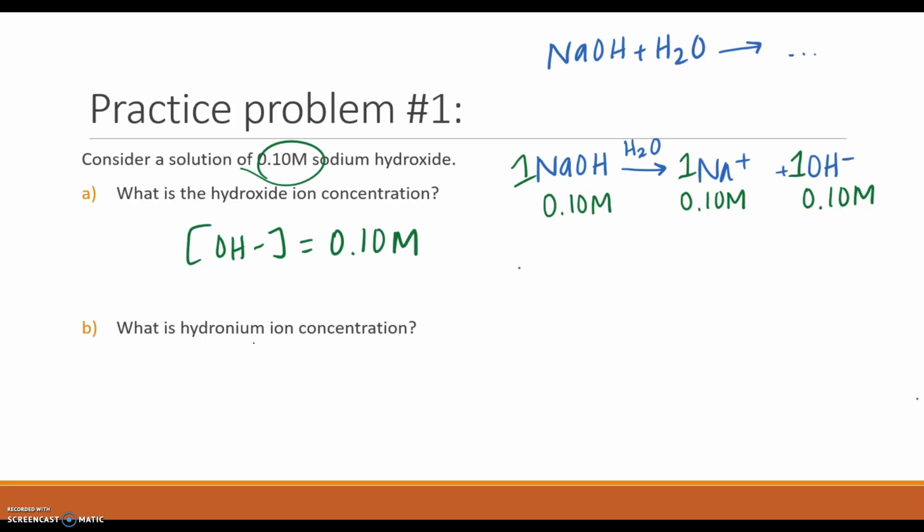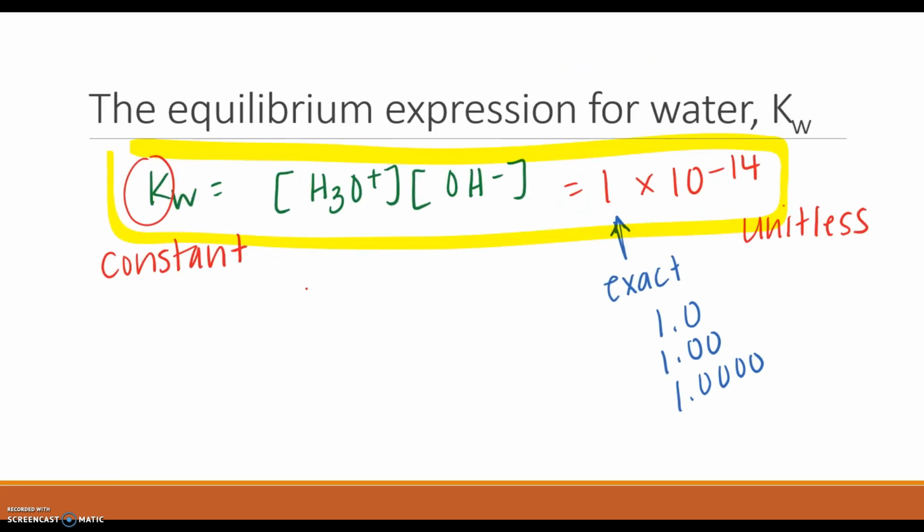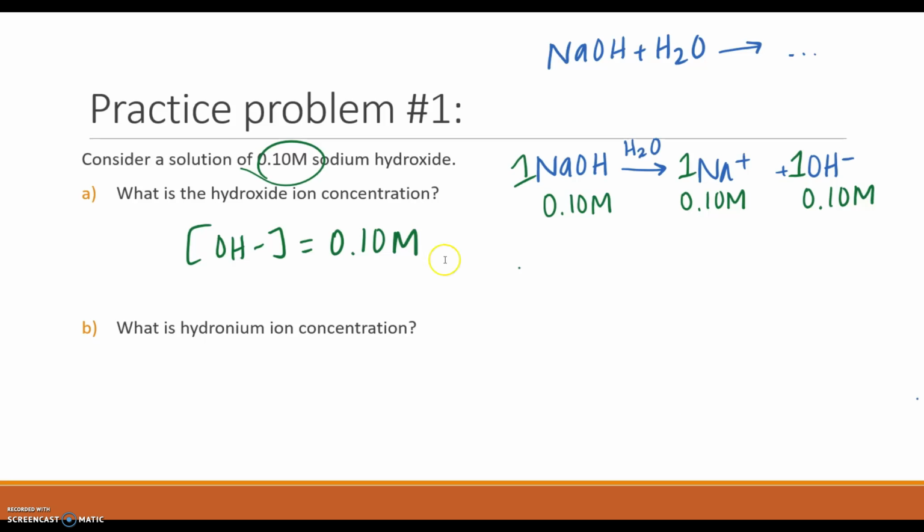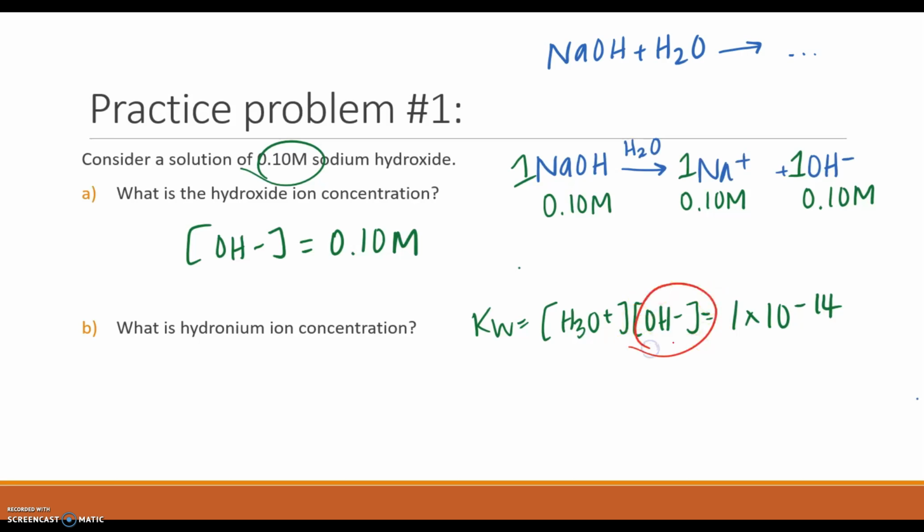To solve for this, you're going to have to go back and use this formula. So let's write out the formula first. Kw equals H3O plus times OH minus, and that is going to equal 1 times 10 to the minus 14. Okay, well then let's go ahead and substitute the numbers that we know. We know that value.